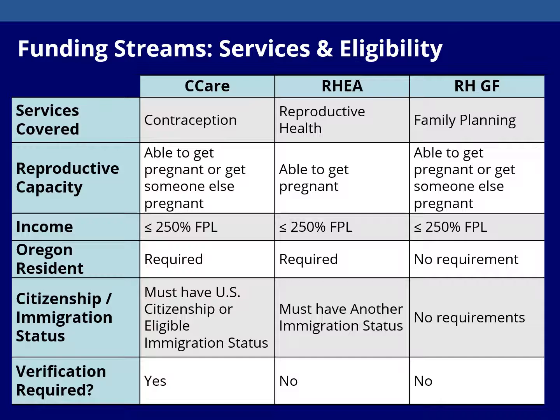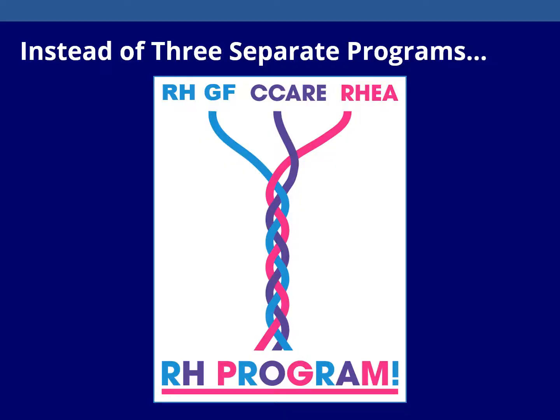Now, while the state general funds have the fewest eligibility requirements, it is also, unfortunately, our smallest pot of money. For many of our clinics, the 3 funding streams are braided so that we can cover as many services for as many clients as possible. We currently call this braided funding the full RH program.